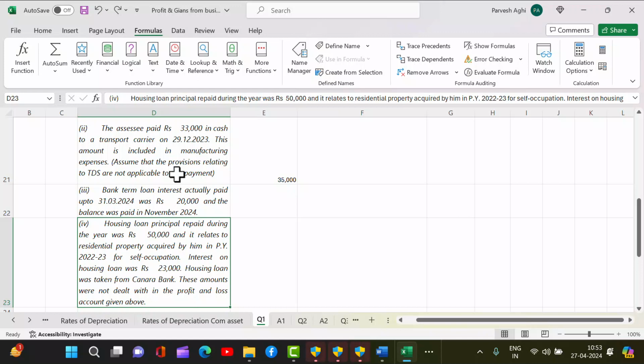So in this profit and loss account, there's nothing mentioned about this housing loan because this was his personal affair. So he has paid some interest on the house in which he is living.